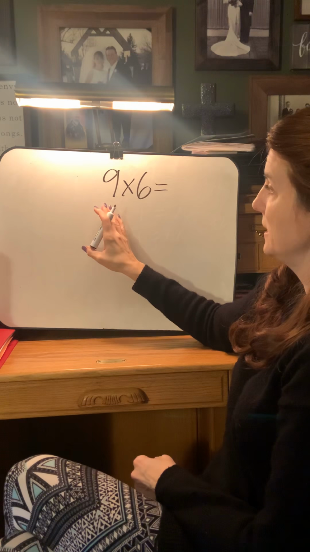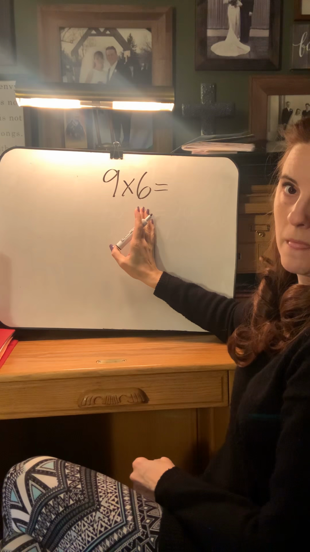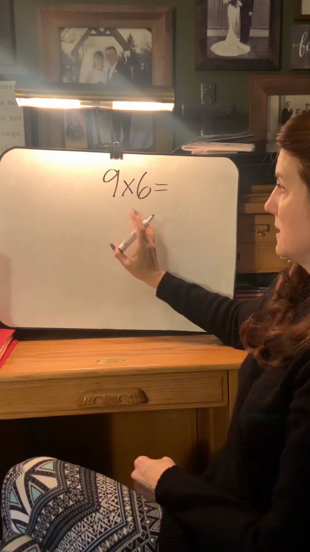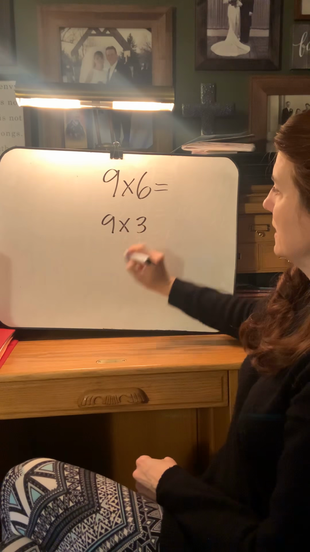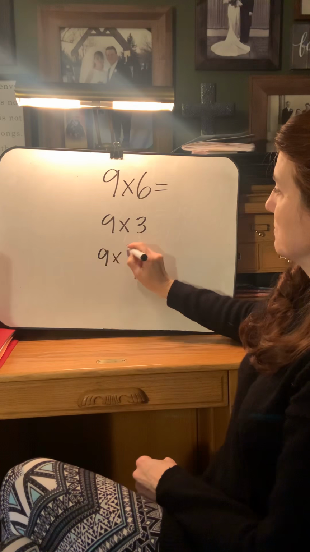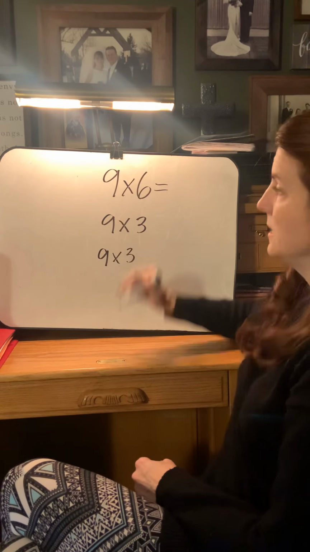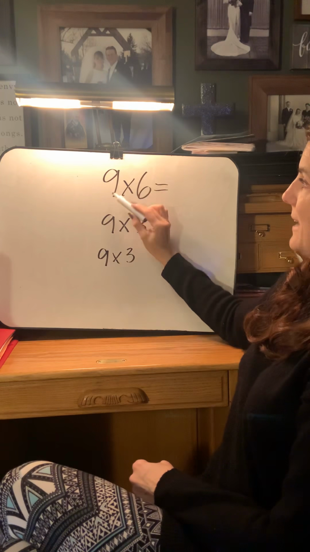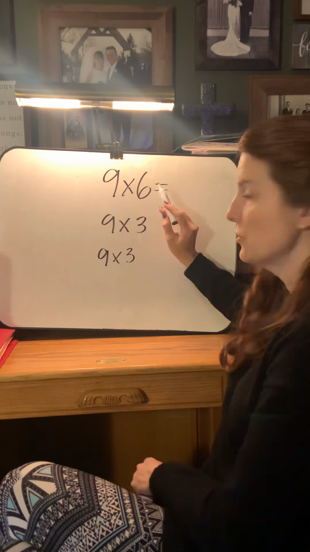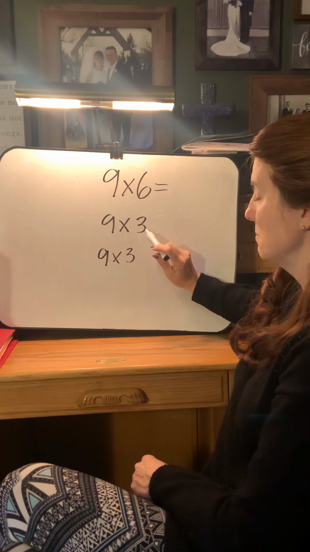We could break up the 9 or the 6. Let's say that you know 3s. What if you did 9 times 3 and 9 times 3? Your 9 stays the same, but instead of doing 9 6 times, you're doing 9 3 times plus 9 3 times.